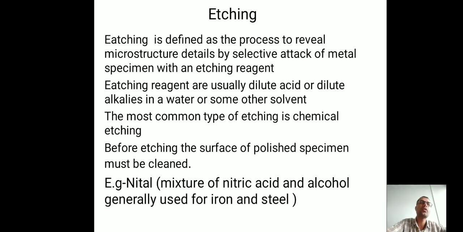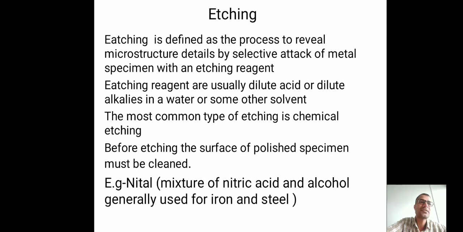So guys, in today's lecture we have discussed that sample preparation is required for microscopy examination, meaning to check the microstructure of the material under a microscope. If we have to check the microstructure of the material clearly under the microscope, sample preparation is required.